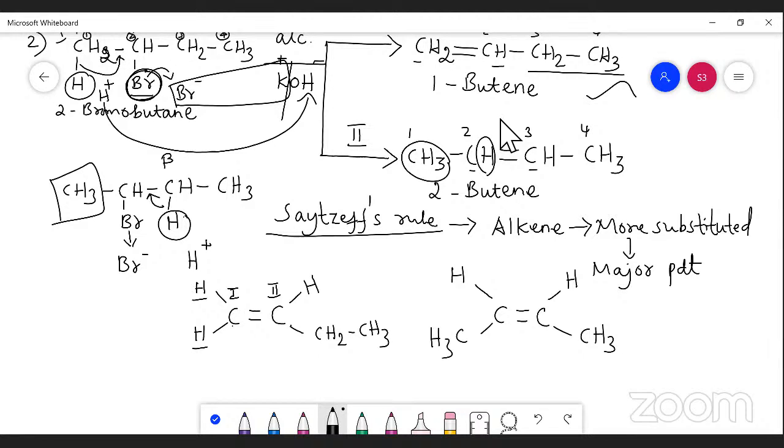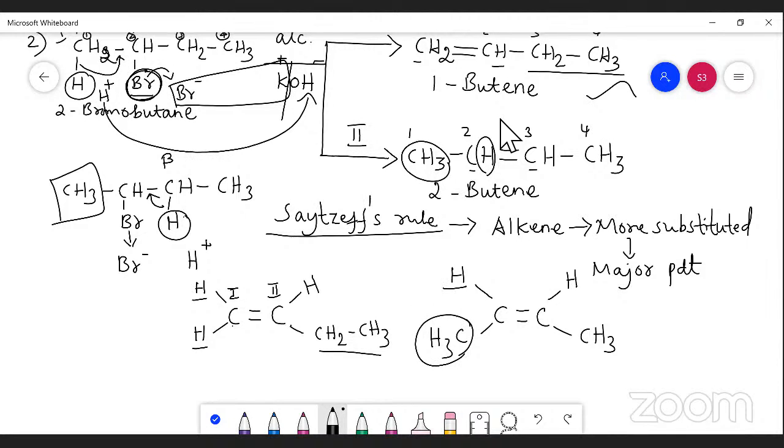So here in the first compound, there are 2 atoms. It is not a group, but only one group, an ethyl group, on the first carbon. In the second product, the first carbon contains one methyl group and one atom. This is not a group.